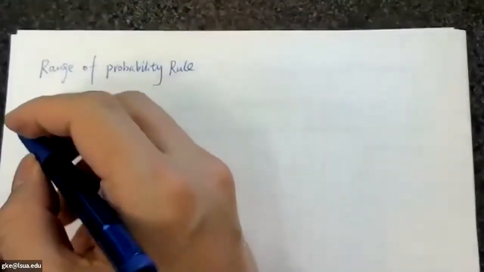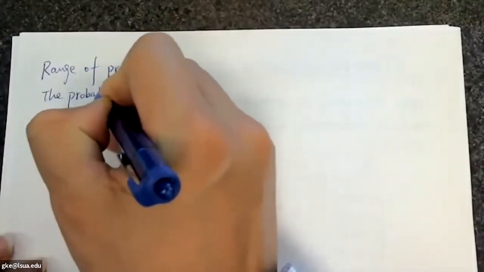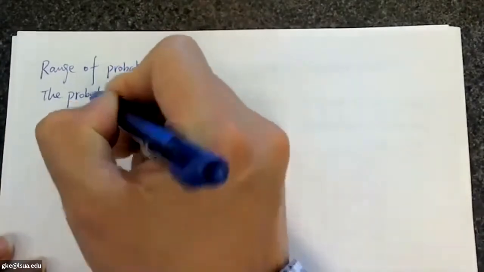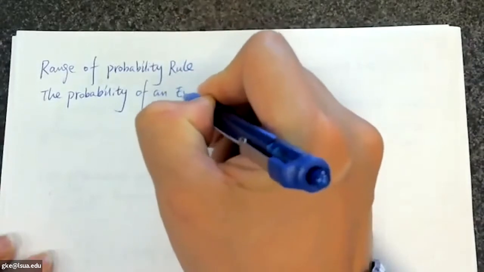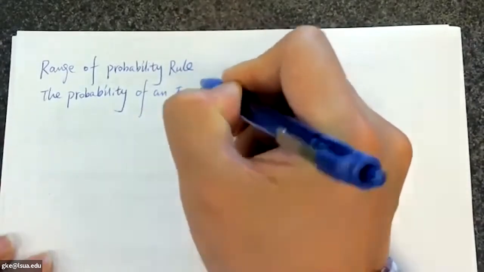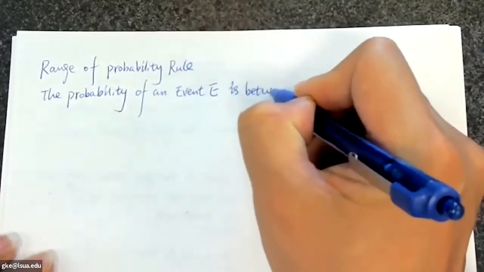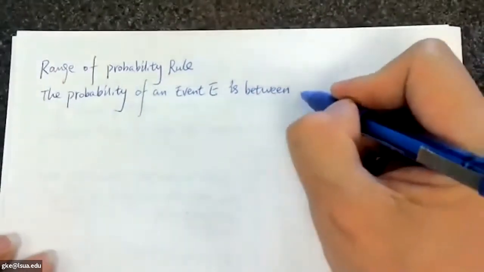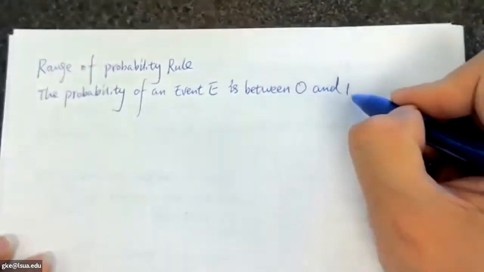The probability of an event E is between 0 and 1 inclusive.